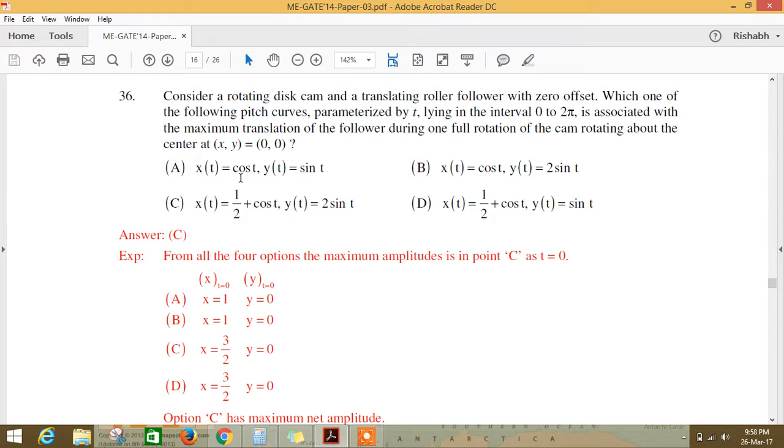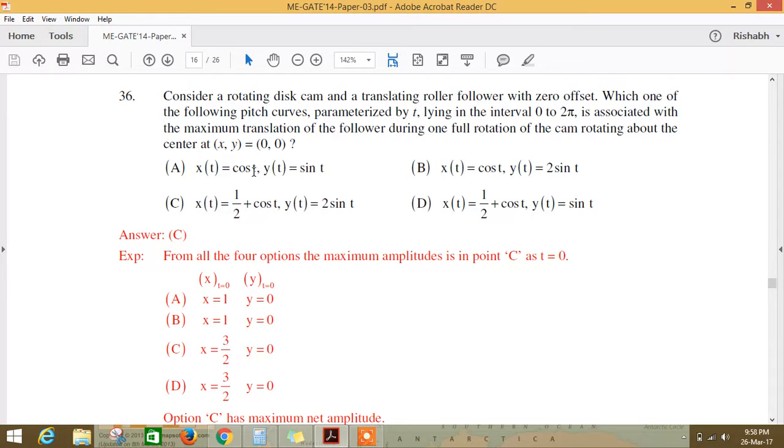This is the representation of amplitude. x(t) and y(t) are the parametric equations, and you have to find which option will give the maximum amplitude. By looking at the options, if you take the square root of x square plus y square, you will get the amplitude.